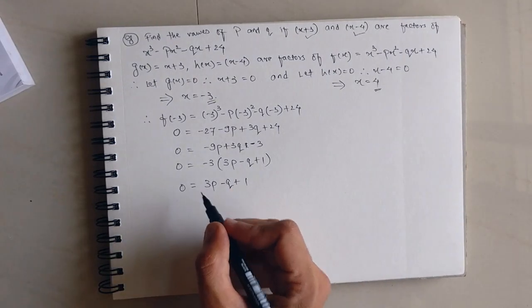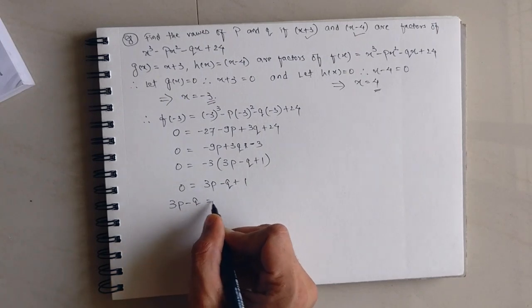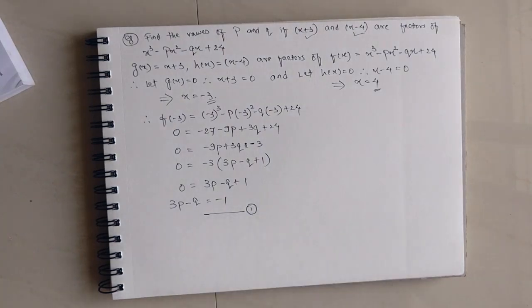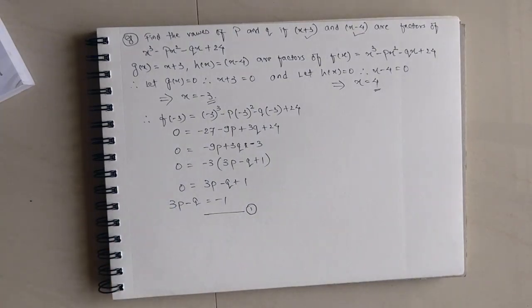You can shift plus 1 over there, so you get 3p minus q is equal to minus 1. Now this is equation number 1. You got this equation when you put the value of x is equal to minus 3 in f of x, and you equated that remainder as 0 because x plus 3 is a factor of f of x.